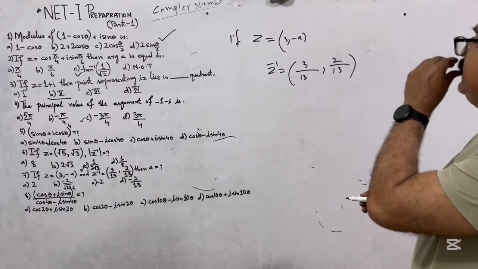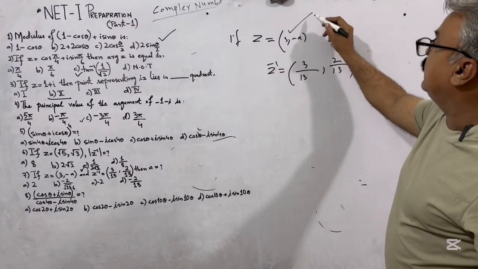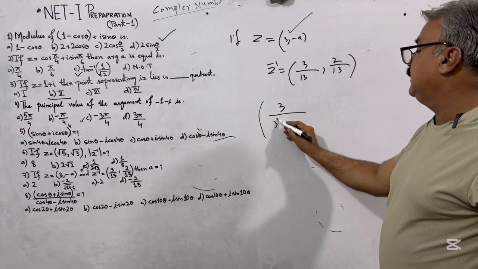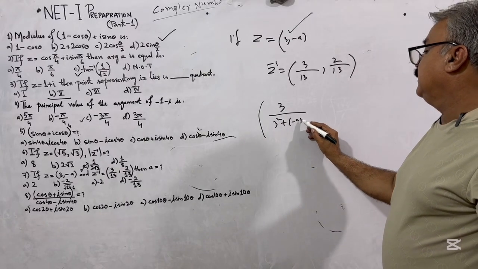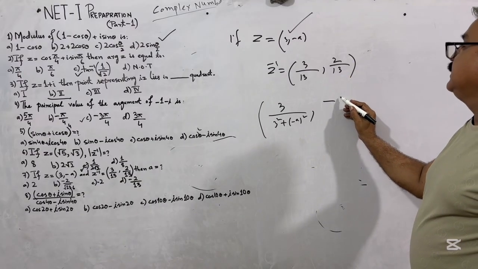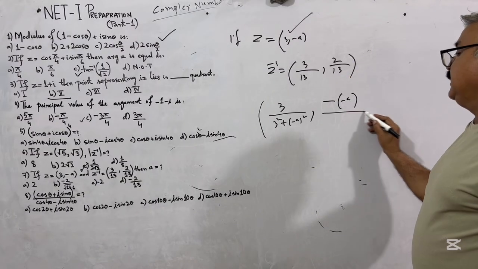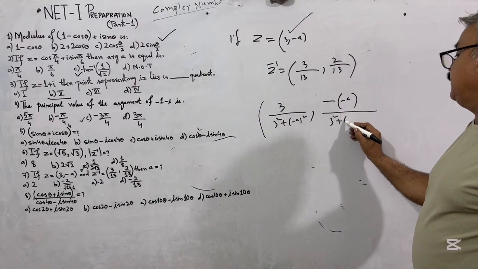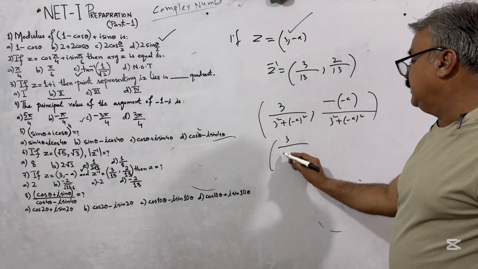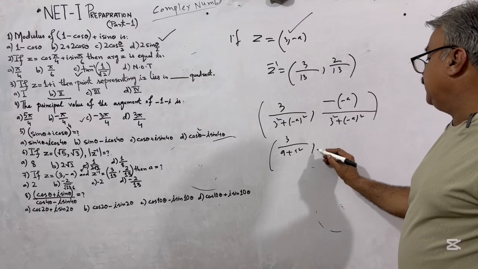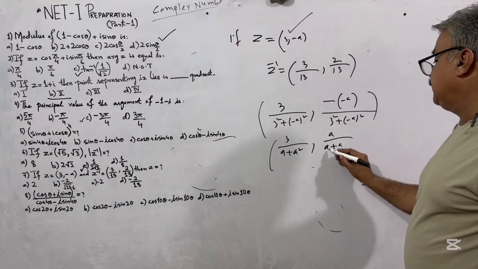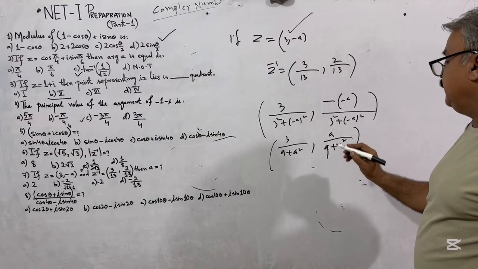What is the value of a? The inverse of this one is given by 3 over (3 square plus a square), and here minus negative a over (3 square plus a square). So we have 3 over (9 plus a square), and here a over (9 plus a square).